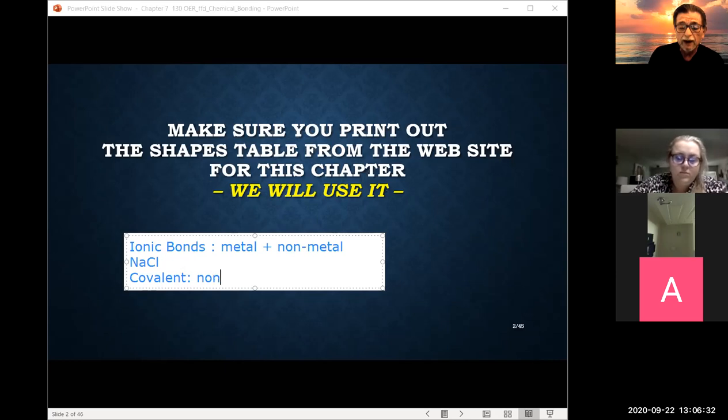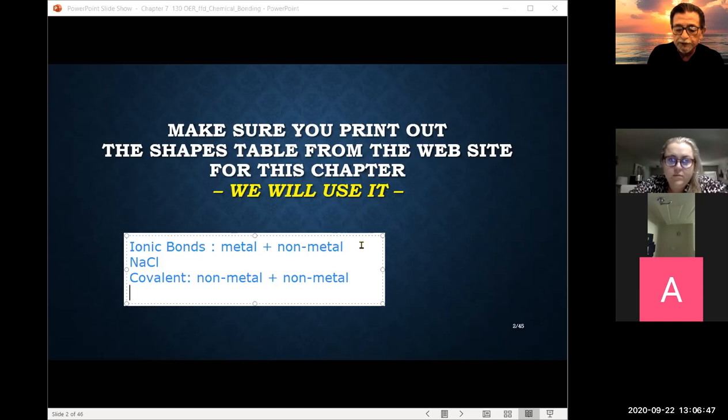That is a combination of a nonmetal combined with a nonmetal. A good example of this would be simply H2O, good old-fashioned water. You've got hydrogen, which is a nonmetal, and oxygen, which is a nonmetal.